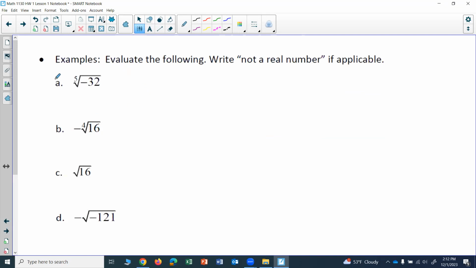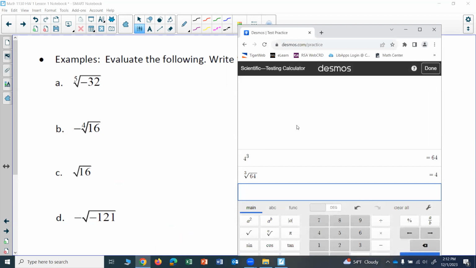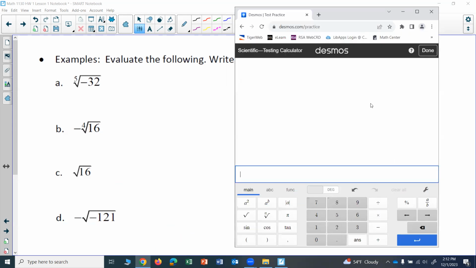Let's evaluate the following examples. So we have the 5th root of -32. And I want to think about what number raised to the 5th power is equal to -32. And you can actually use the calculator. So I have my calculator here. I'll go ahead and do this nth root button and put in the 5th root of -32.